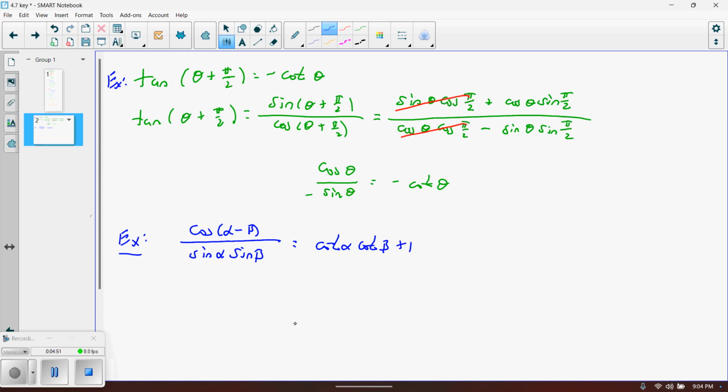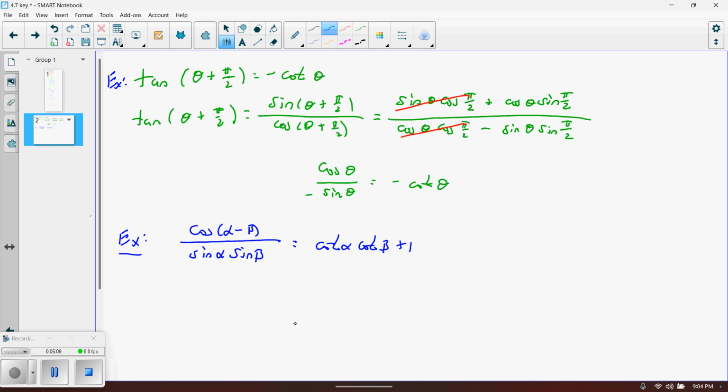And remember, the concept is you're supposed to try and work with the side that looks the more complicated. Definitely the left side, because of the fraction, makes it look more complicated than what's on the right side, which is just a multiplication of a couple cotangents and adding 1 to it. So let's manipulate the one on the left-hand side.